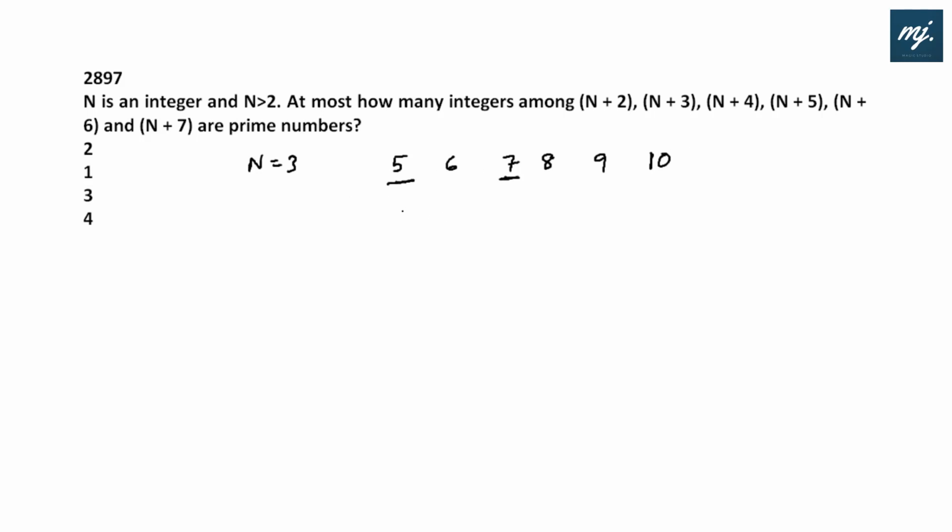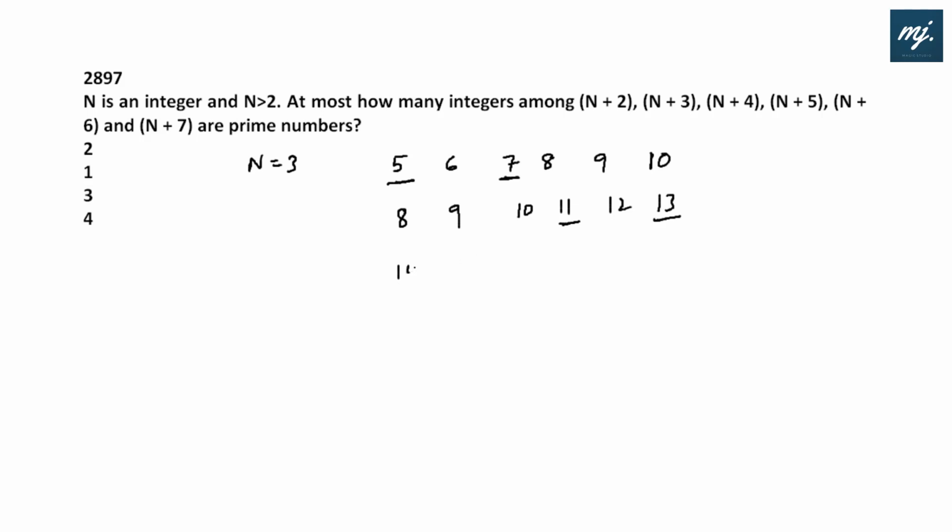If I start with 8: 8, 9, 10, 11, 12, 13, then 2 prime numbers. The maximum prime numbers out of the 6 consecutive numbers would be only 2.